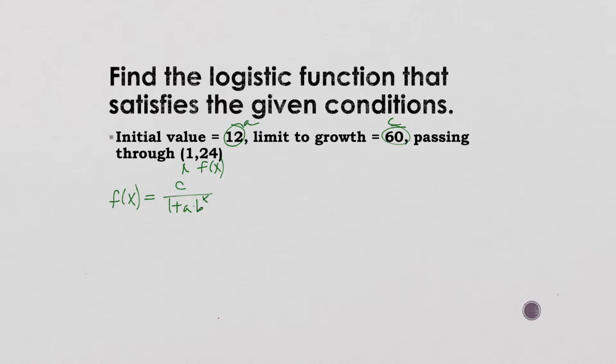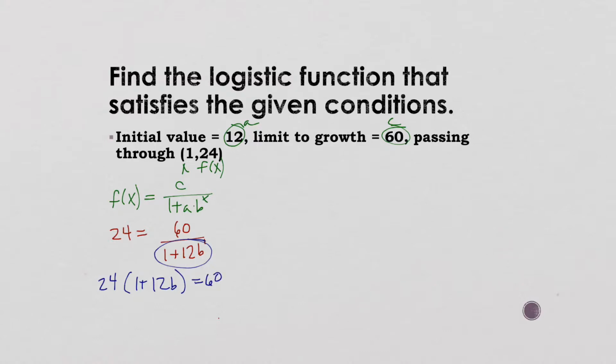So I get 24 equals 60 over 1 plus 12 B to the first. Okay, remember, manipulating our variables, we've got to get this out of the denominator. So I multiply both sides, and I end up with 24 times (1 plus 12B) equals 60.